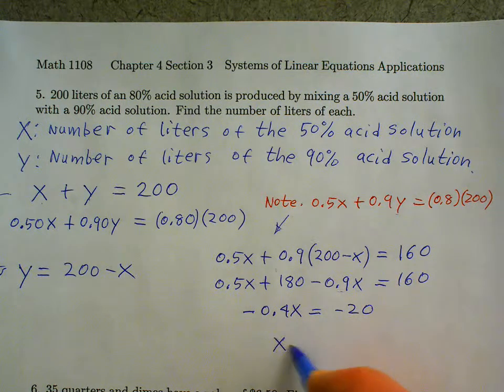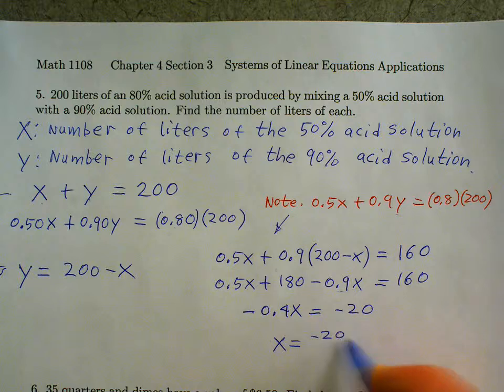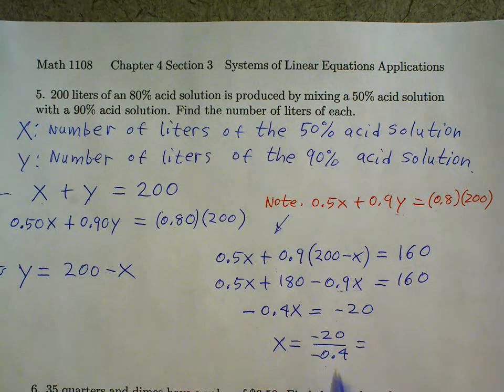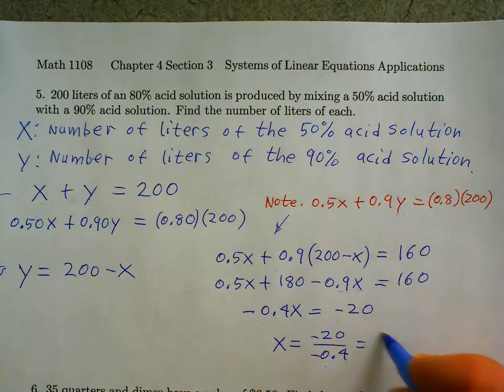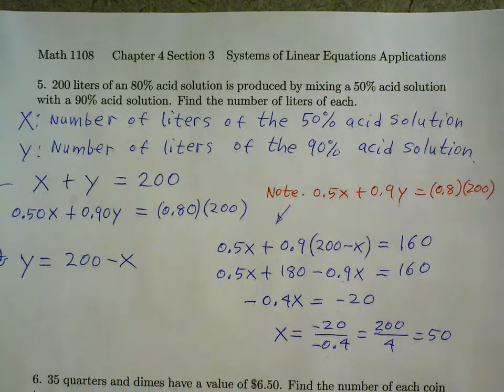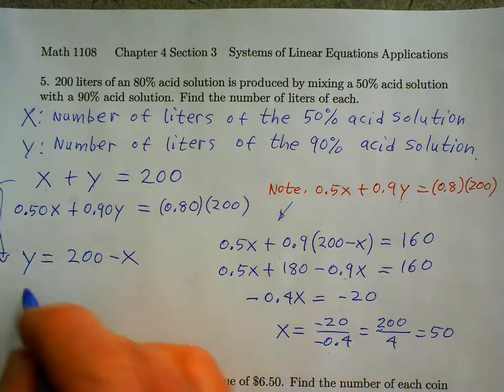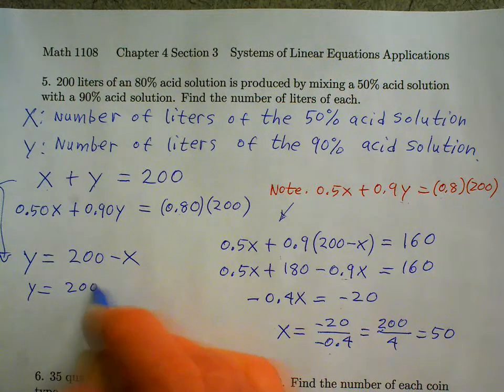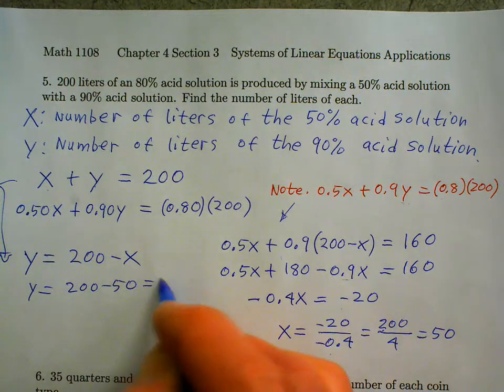And so x is equal to negative 20 divided by negative 0.4. A negative number divided by a negative number is positive. And then 20 over 0.4 is equivalent to 200 over 4. And so x is 50. And then y is 200 minus 50, or 150.